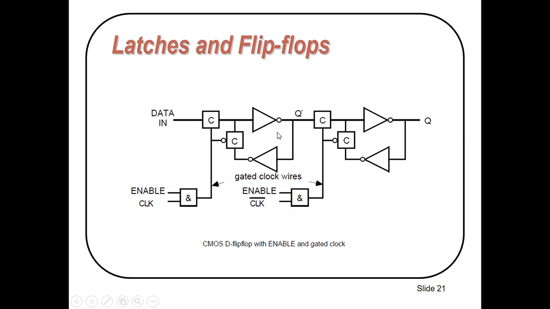Here we have implemented this master slave structure with enable and gated clock. Again we have applied the clock here and here. This is a non-overlapping two-phase clock. This is the same master slave with C switches. We have just added enable and gated clock signals here.